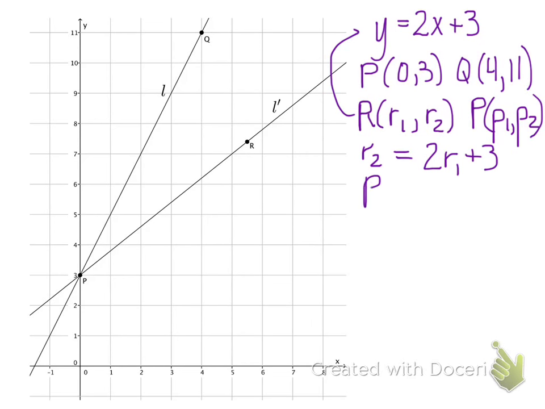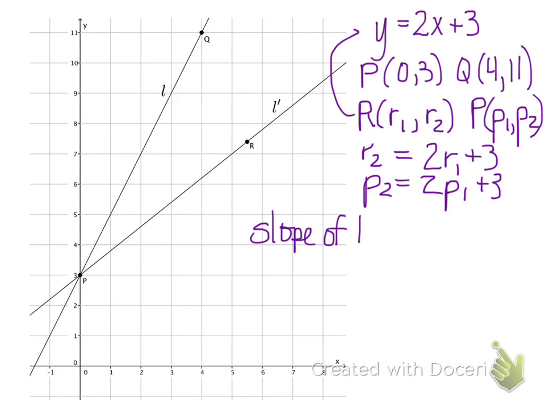And we know that P2 has to equal 2 times P1 plus 3, because R1 and P1 are just the x-coordinates.